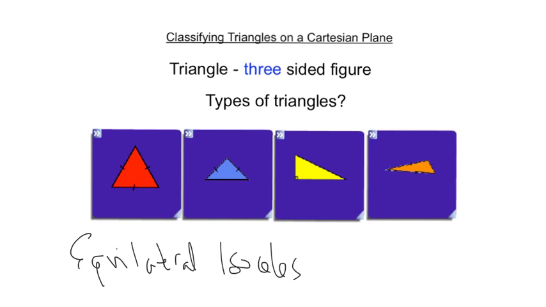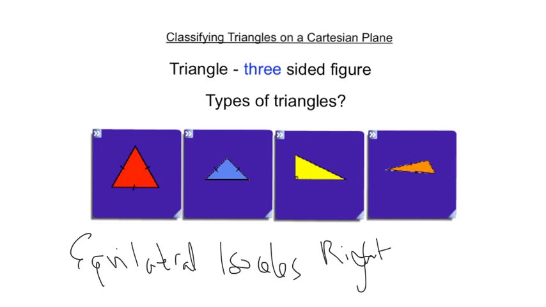The third triangle, the yellow triangle, has no dashes on the sides, so that means that all the sides are different. However, it does have this little square here, indicating that that angle in the corner is a special angle. Specifically, it's a 90-degree angle, and so in this case, we call this a right triangle.